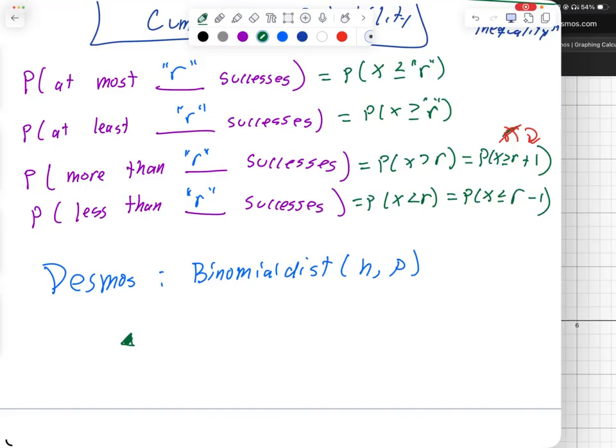Sorry, the button looks like this. It's a little arrow like this. And it says cumulative probability.